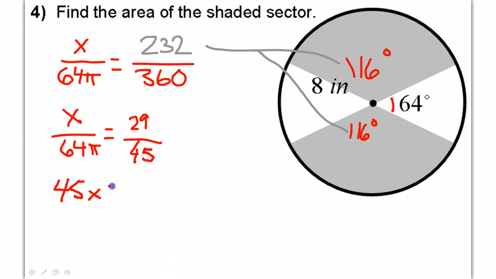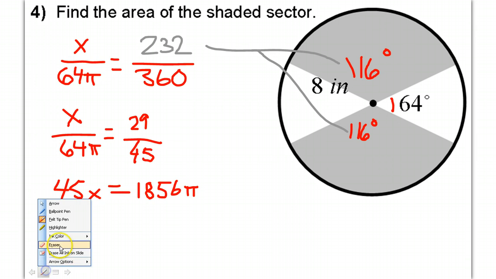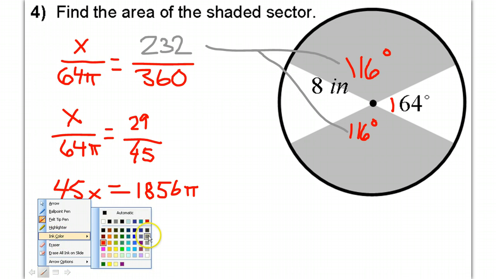45x equals, let's see, 29 times 64, which is 1,856 pi. Then just divide that by 45.